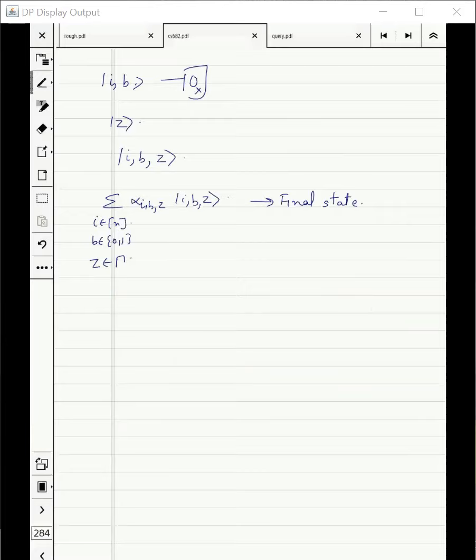The final step will be some measurement. And that means when you measure in this basis, what will happen? What will be the probability of success? It will be summation over alpha ibz whole square, where ibz are accepting states.